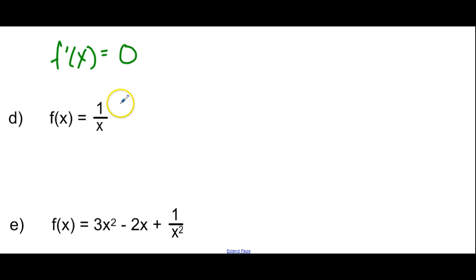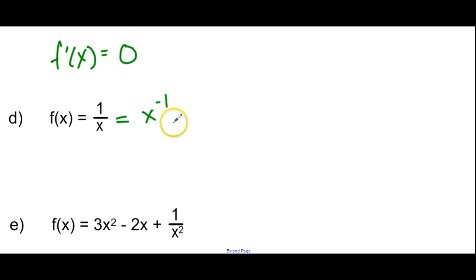So for this one, we have f of x equals 1 over x. I can show you the quotient rule and then the product rule and all that stuff, but it just gets confusing because they're not really going to give you a hard equation like that. So I'm going to show you the longer way of this. 1 over x is technically the same thing as x to the negative first power.